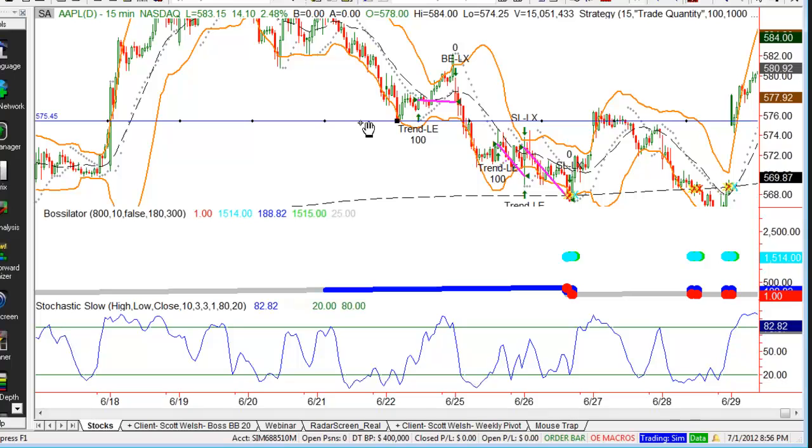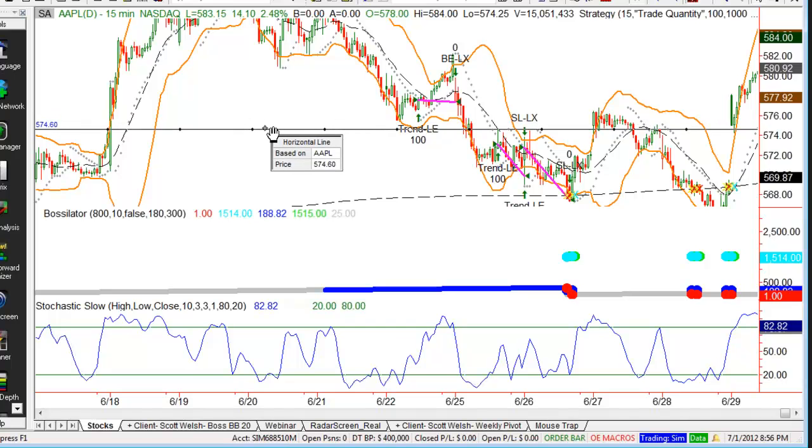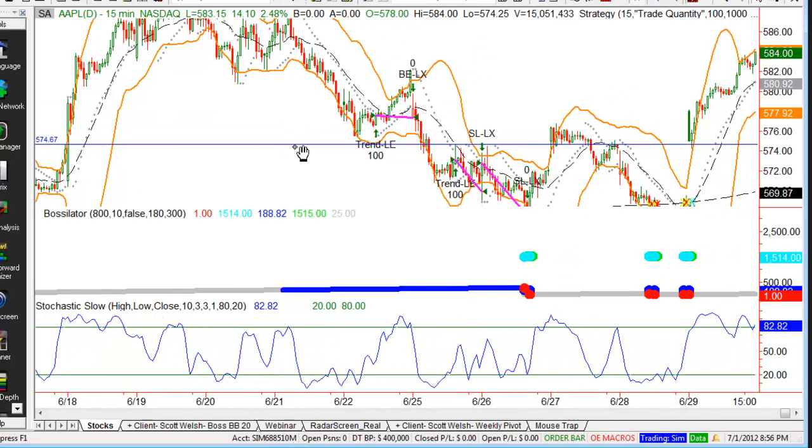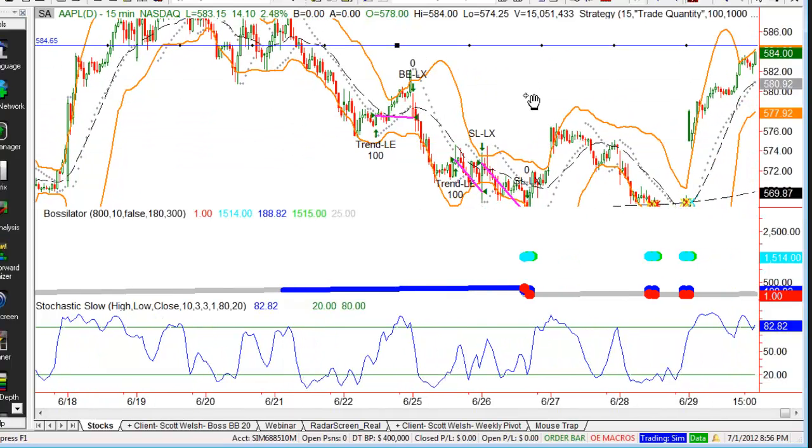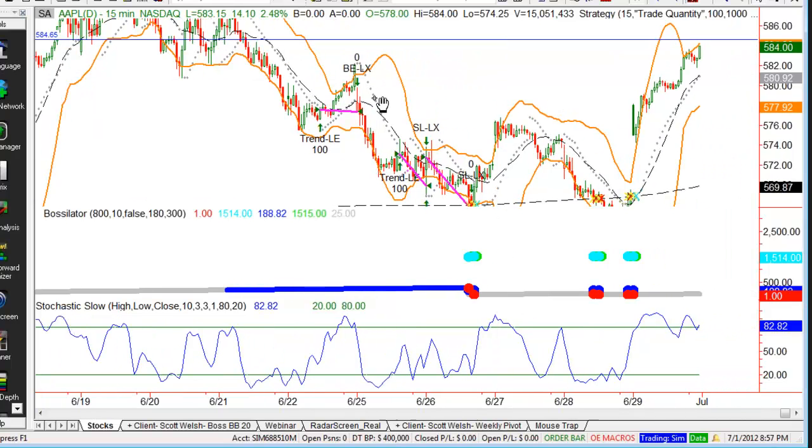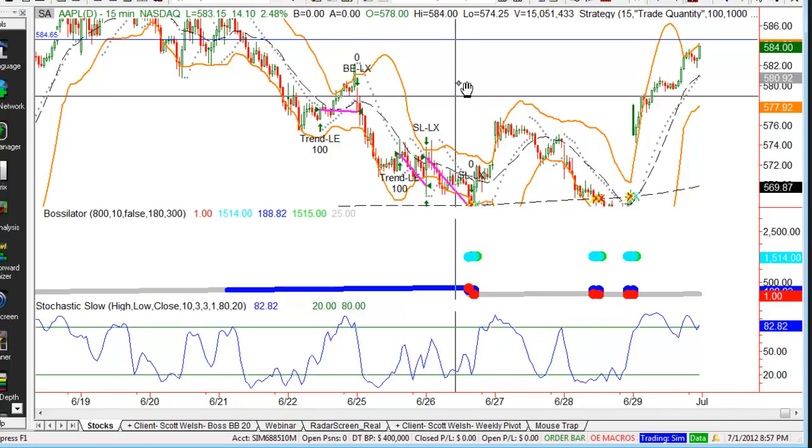So we'd say 577, it's like $2. Okay. So it actually places it $1 below, so $3. So $3 times 12 is 36. We're looking at about $40, 36 I think to be precise, is what we'd be going for. But we didn't get it. We only got 4 and moved to break even. That's great stuff. Does that make sense?